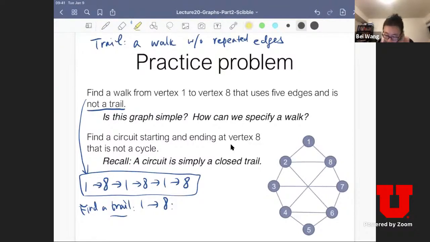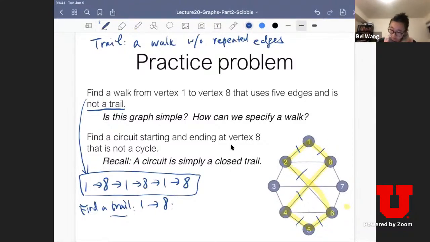You can go from 1 to 2, and 2 to 6, 6 to 5, 5 to 4, 4 to 8, and 8 to 1. Let's see, did I satisfy my condition? This is 1, 2, 3, 4, 5, and 6.